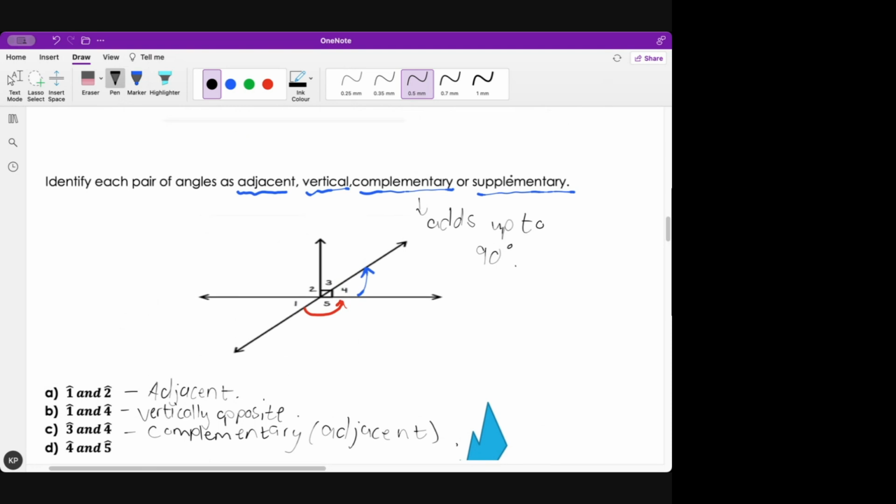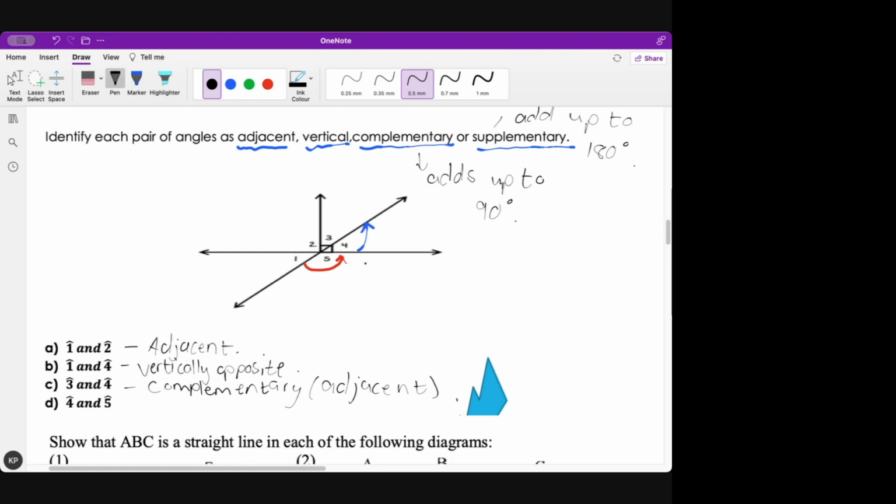How do we know that they are supplementary? Add up to 180 degrees. How do we know that these are supplementary? Besides the fact that that's the only word that was left. Think of the properties of angles that we just spoke about now.